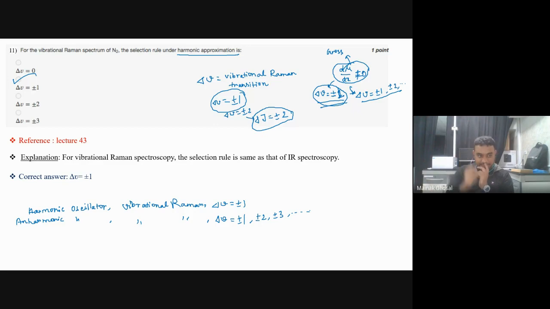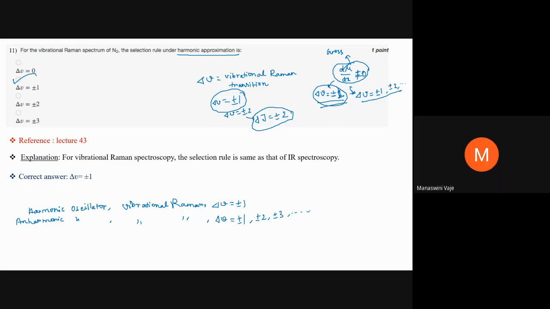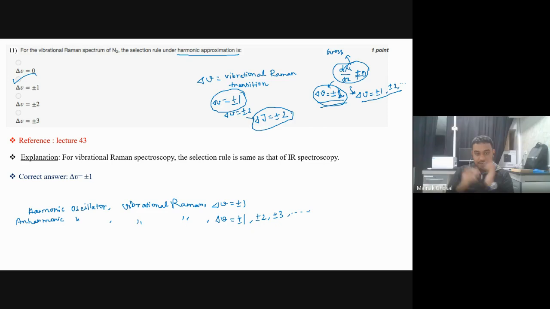So for the anharmonic oscillator, vibrational Raman will show delta V equal to plus minus 1, plus minus 2, plus minus 3, etc. Since the harmonic approximation is mentioned here, I am taking only delta V equals plus minus 1, which was initially derived as the selection rule for the harmonic oscillator.